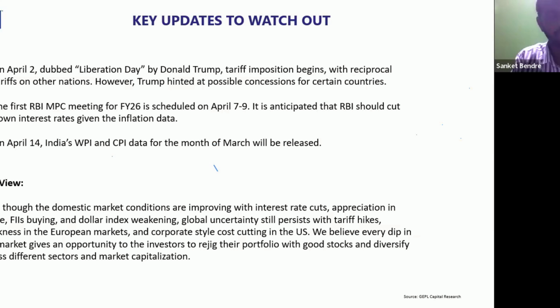This should further benefit the banking and financial services stocks. As I mentioned, this is positive news for the bank stocks, the companies listed in banking and financial services. The next key update we have to watch out for is the CPI and WPI inflation data, which will be released after the RBI MPC meet.